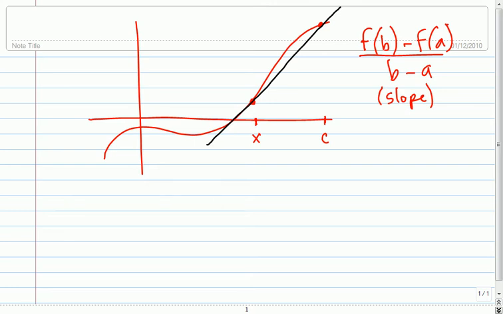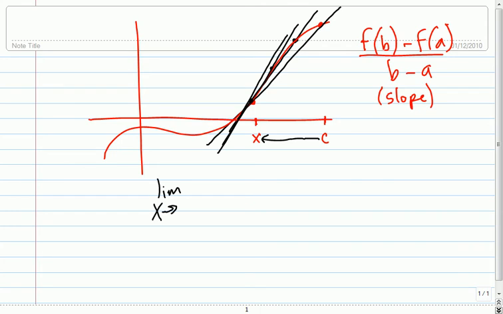And if I want to get the tangent line, I have to move this value c until it touches x. So what would happen is, as it's being moved over, it's approaching that tangent line until it's actually touching right on it.